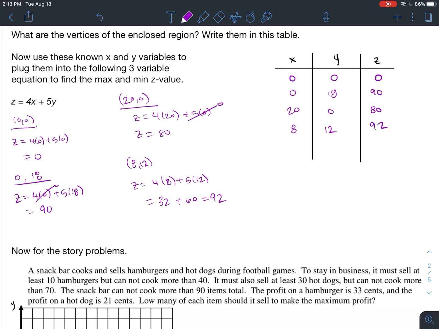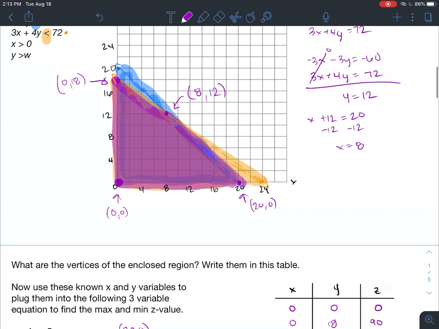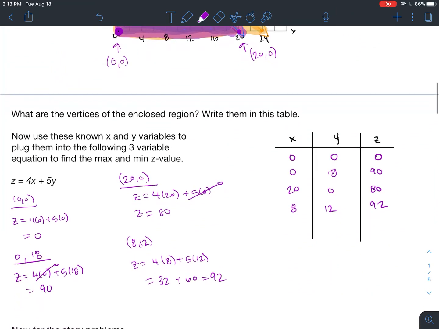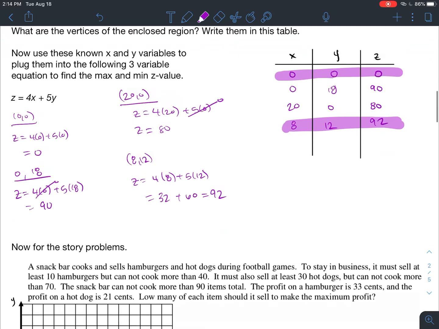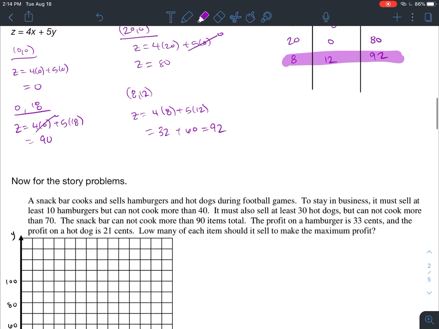At this point right here, the leg that is above it, if you imagine our cutout again, is where the highest point occurs in our objective function. So this is our max value, and this is where our minimum value occurs. And there you go, you have it.